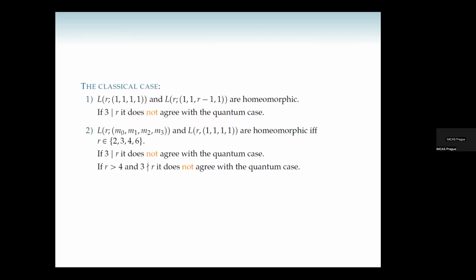And we also know that if you take just any set of weights here, then the space here is always homeomorphic to the space where you just have 1 on all of them, if and only if R is one of the numbers here. So it means that if 3 divides R, it does not agree with the quantum case again. And if R is greater than 4 and 3 does not divide R, it also does not agree with the quantum case.